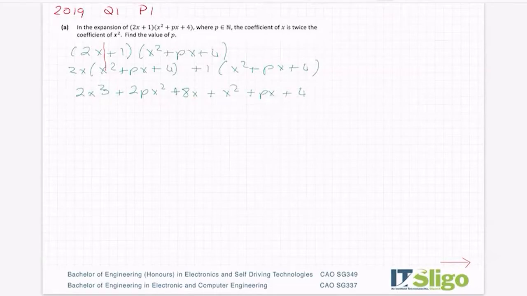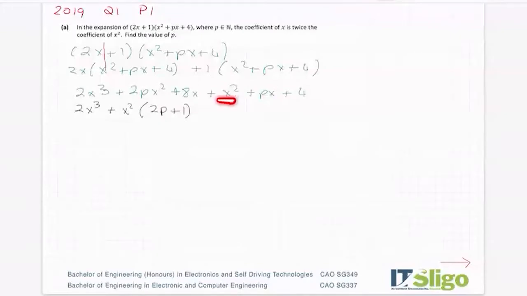So let's group them together. I have 2x³. Let's factor out the x². So I have (2p + 1). This one here is a plus 1. Let's factor out the x. I have (8 + p), and then the plus 4 at the end, okay?